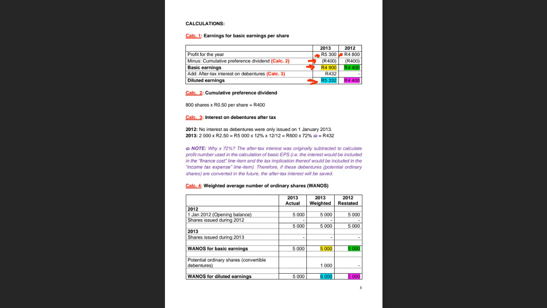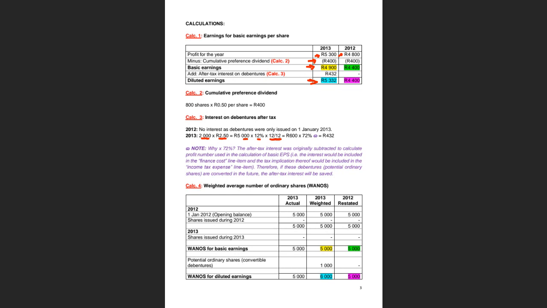So we started off with 2,000 shares. We multiplied it by our 2.5 Rand. We got 5,000, and we multiplied it by 12. Why did we not apportion it for part of the year? Because it was in issue for the entire year. So that's the 12 over 12, meaning it was in issue for 12 months of the 12-month year.